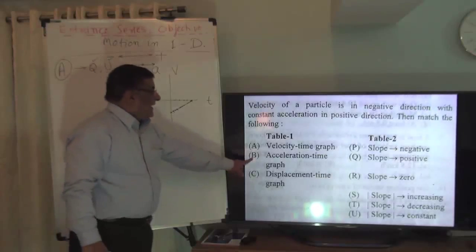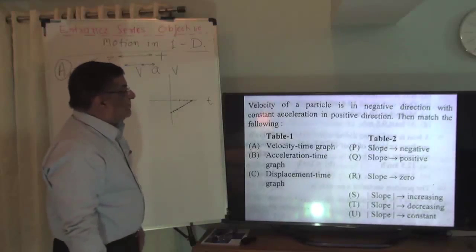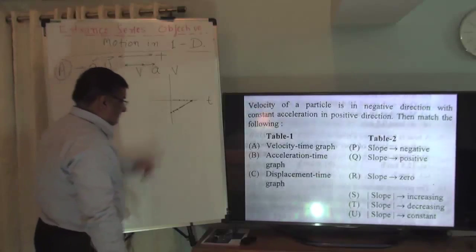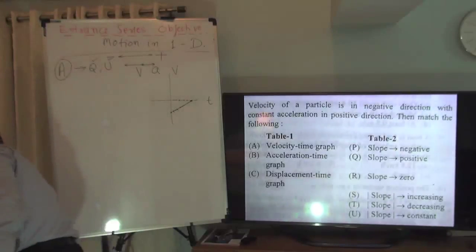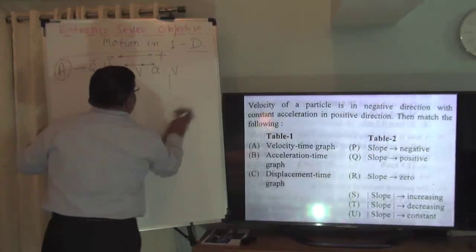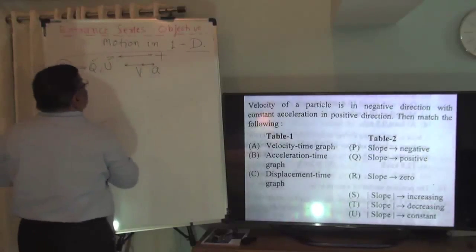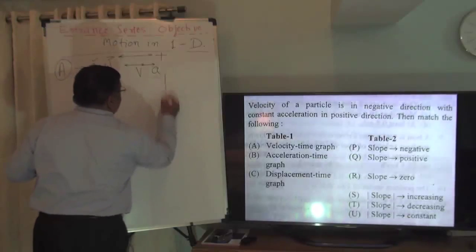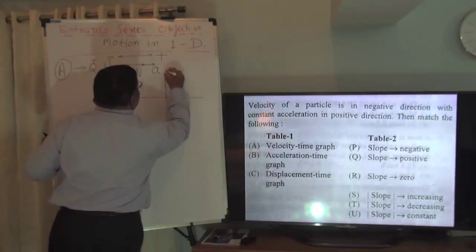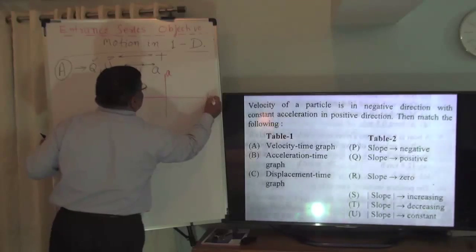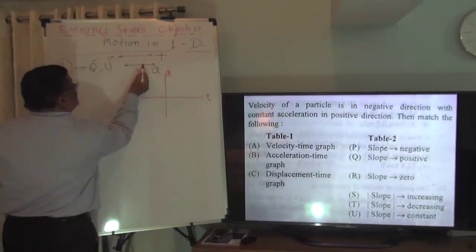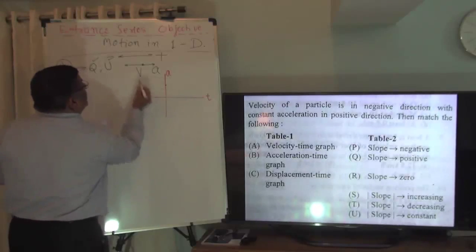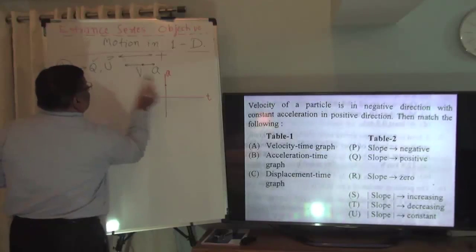Now come to the second one. Acceleration time graph for this particle. Now we will change the graph. This is acceleration and this is time. Initial acceleration is positive.